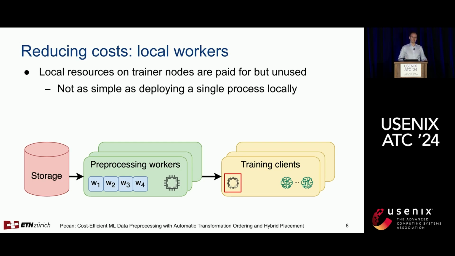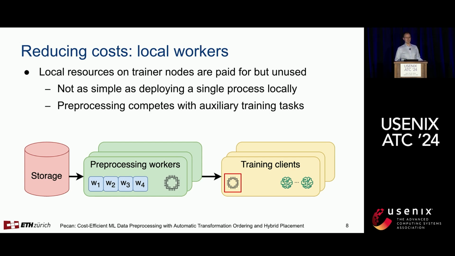Now, you might think, well, this is a pretty simple task. We just add a single worker process on the training client. But in fact, there are multiple aspects that make this a difficult task. Most importantly, these CPUs located on the training clients cannot solely focus on data preprocessing, but rather they also have to do several auxiliary tasks.